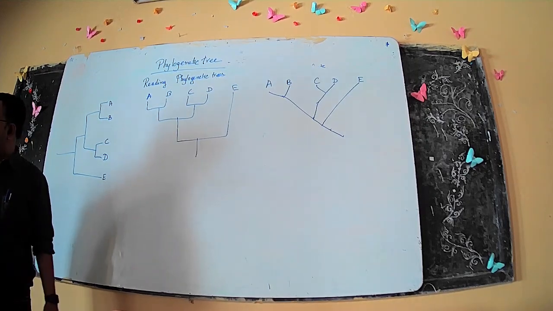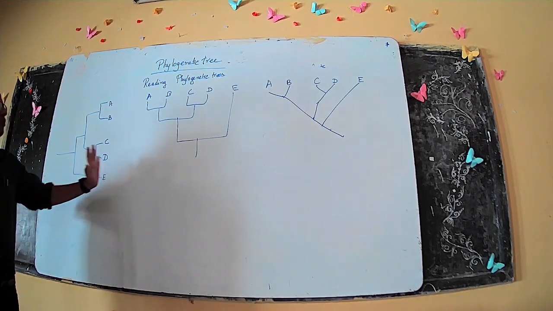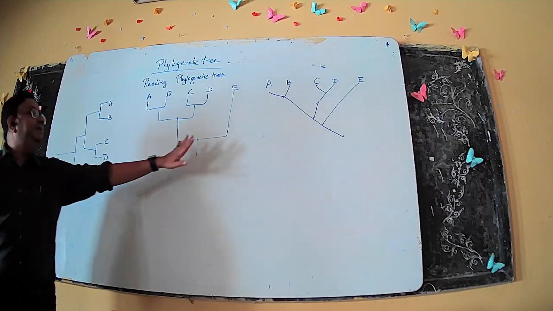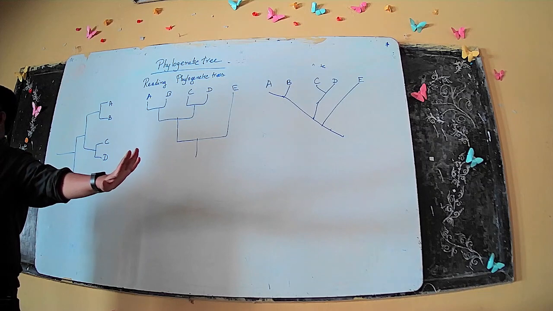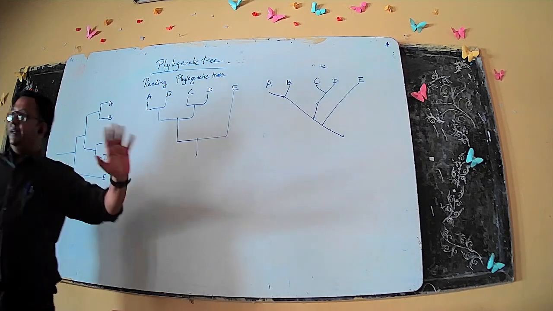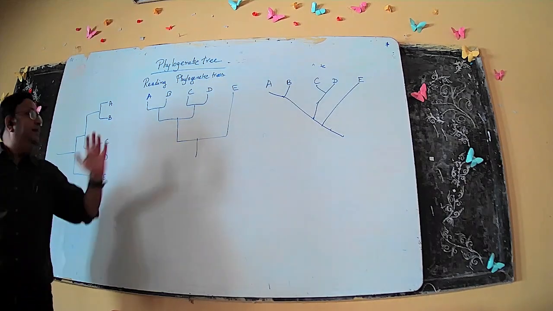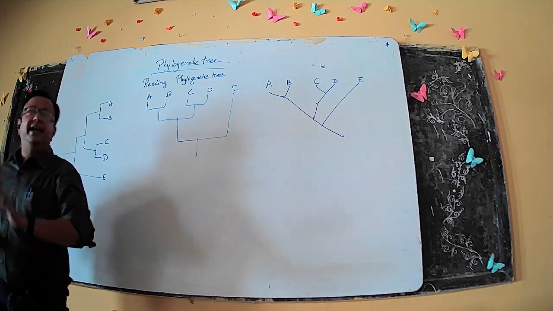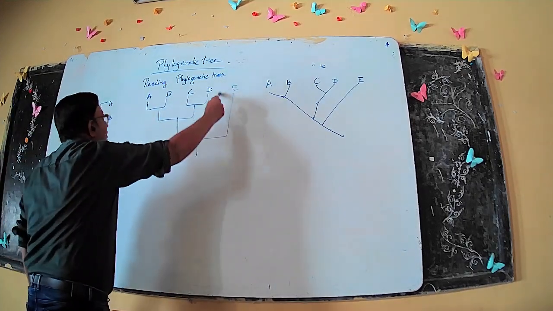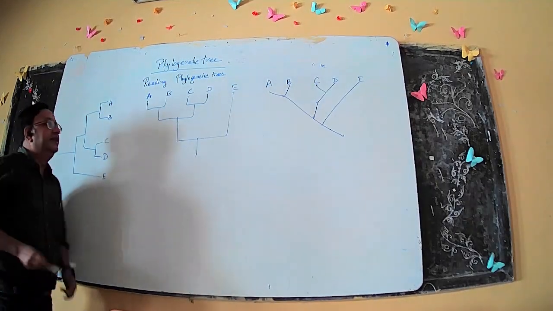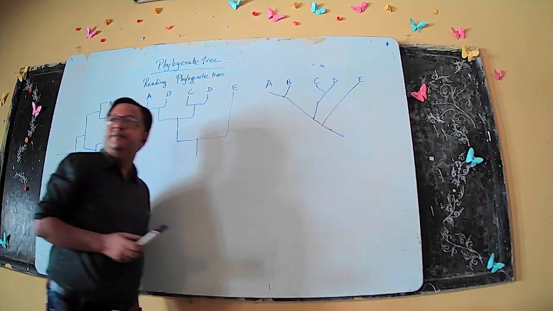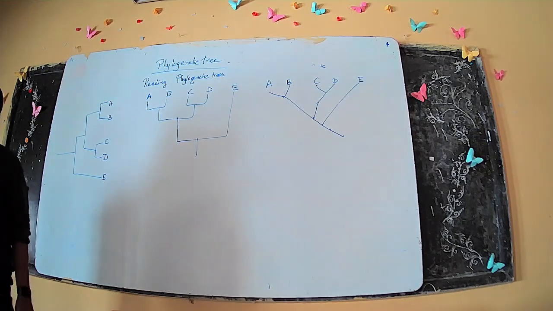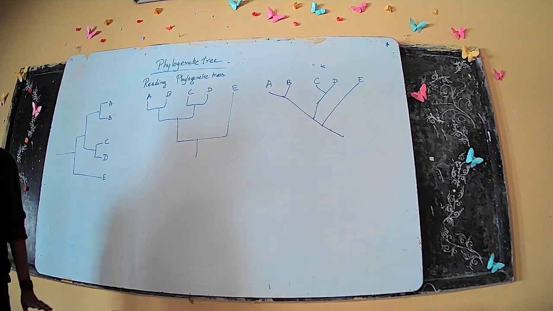However you write it, the relationship between A, B, C, D, E is not changing. E is always the furthest one. Here also E is always the furthest one. So it doesn't change.